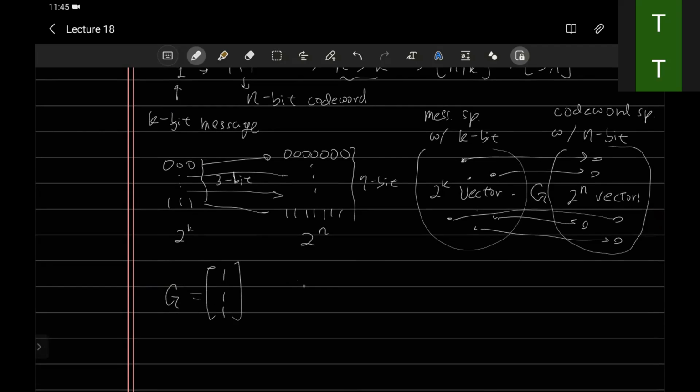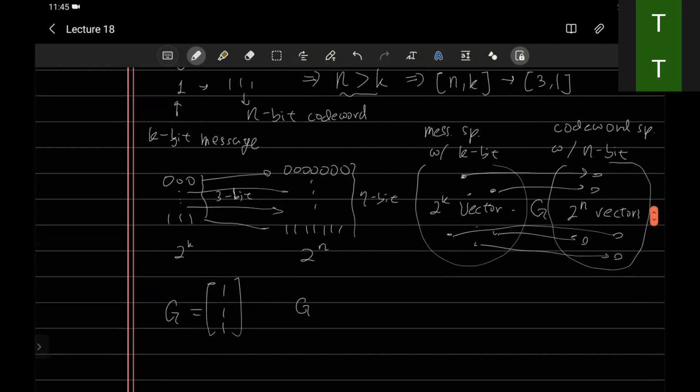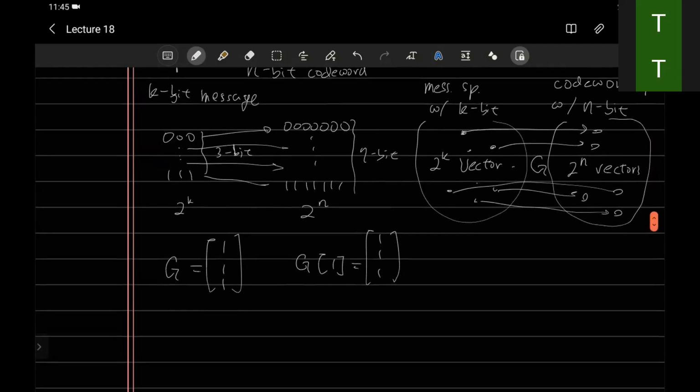In this case, we had a message of either only 0 or 1. So if I write it down, then 0 will be mapped to 000, and if I have a message of 1, then it will be mapped to 111. So this is too simple, so maybe not interesting.